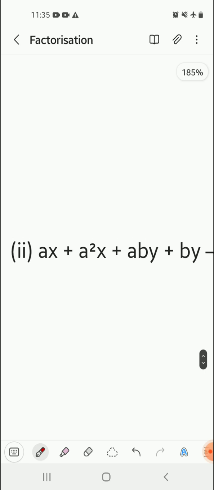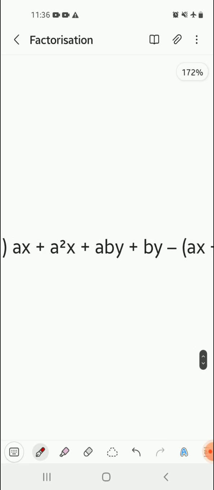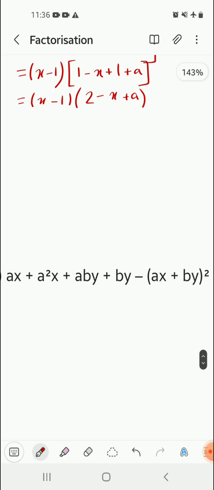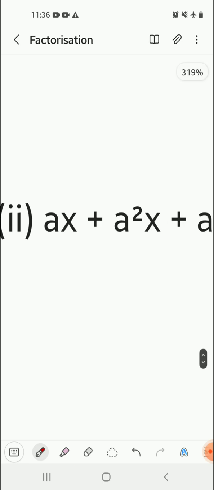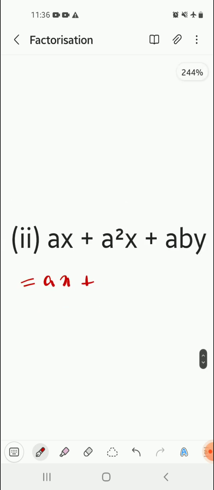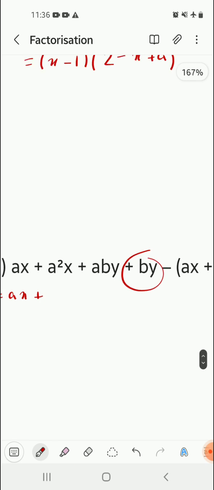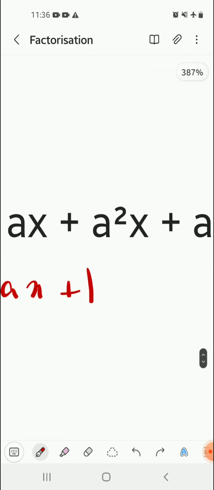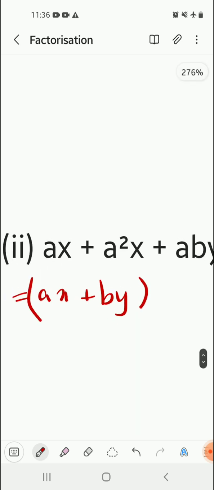Next, number 12. Over here we have again got something similar to what we have done previously. So the same steps we are going to follow. First we are going to arrange it properly. So we have got this ax and by.